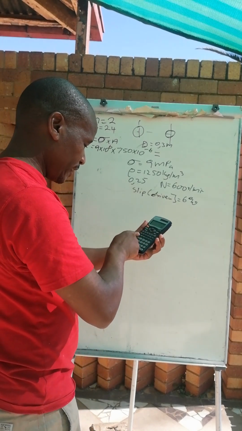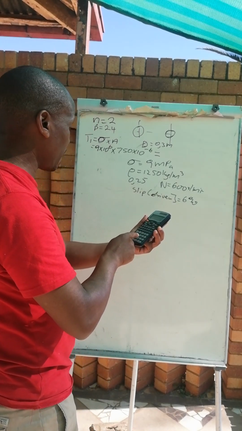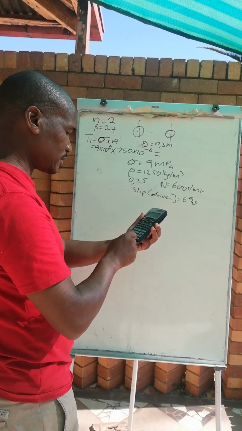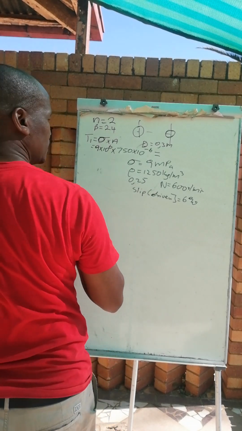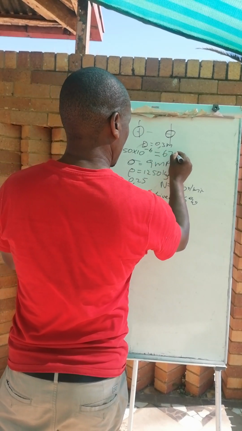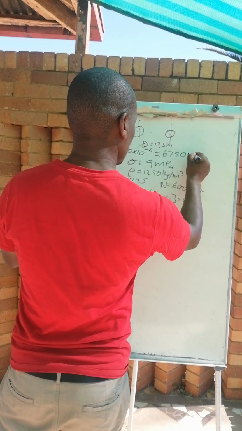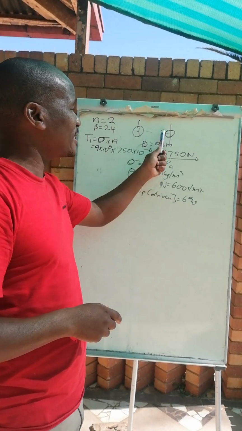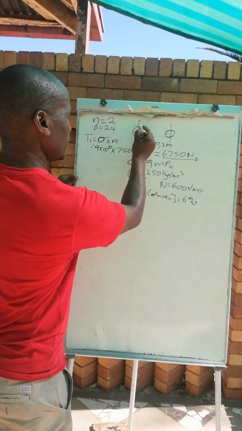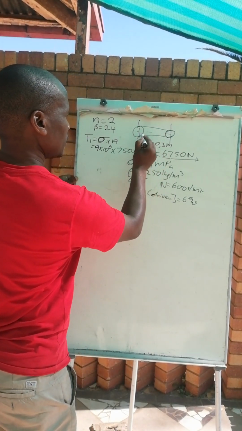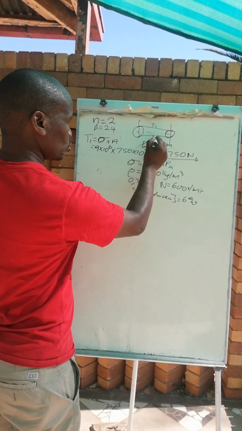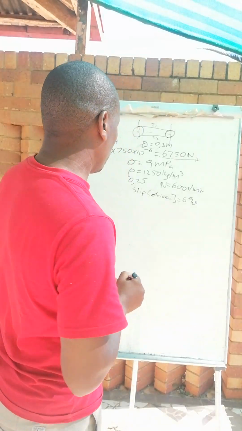Answer: 6750 Newton. This is the tension on the tight side of this particular pulley, and the other one is yet to be found.